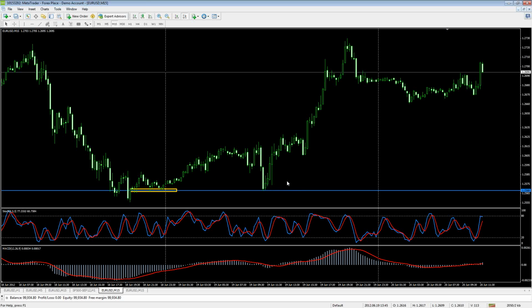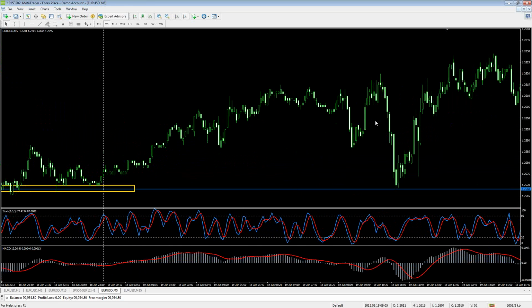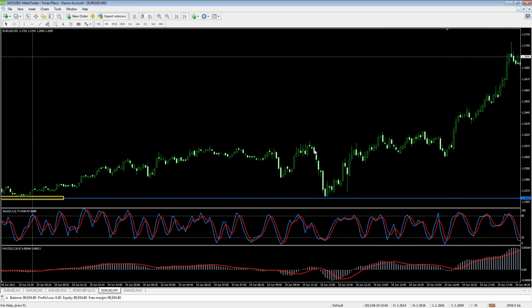It's not bad, but not every trade is perfect. Still, it's nice to see how things like reversal candles and divergences work.